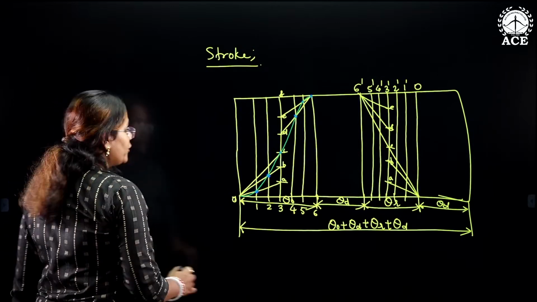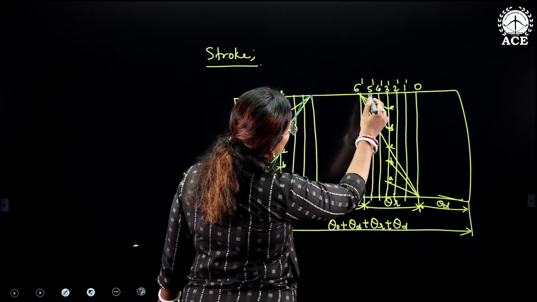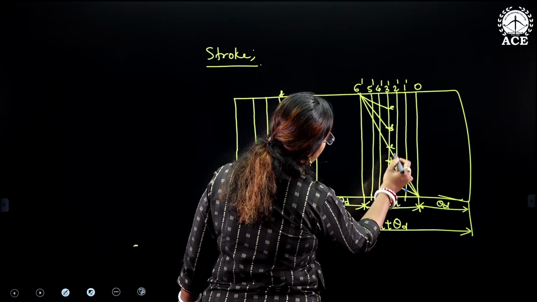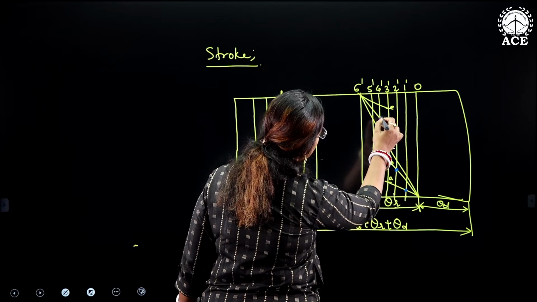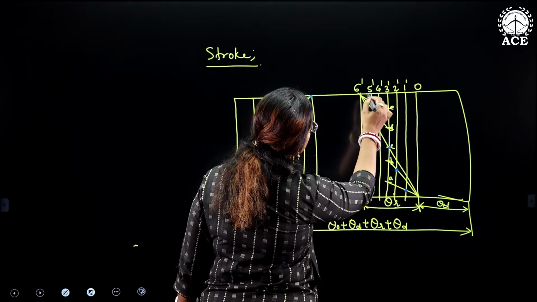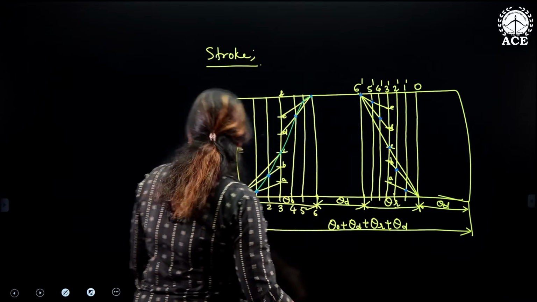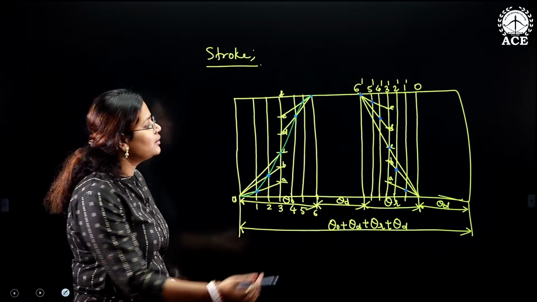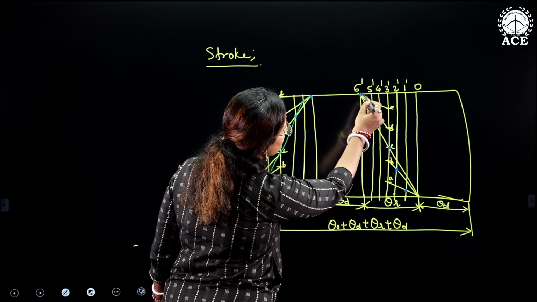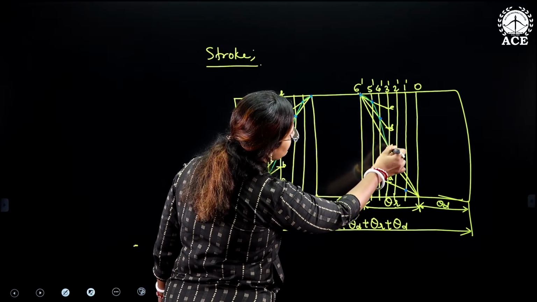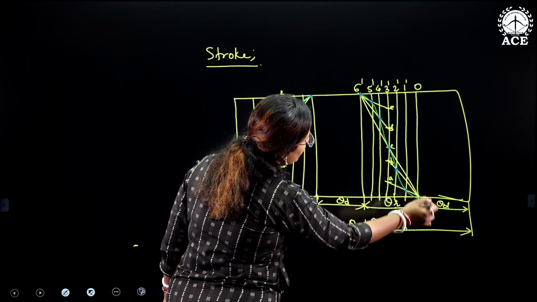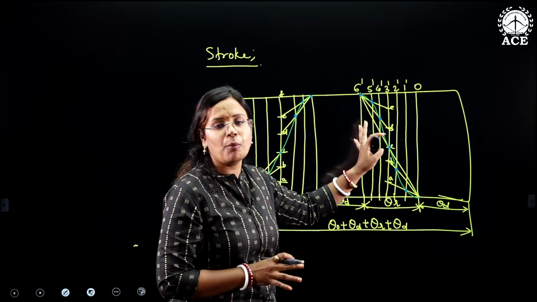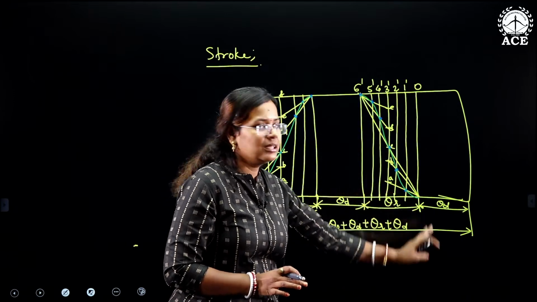You can see the point of intersection being, let us say, on the first line here, on the second line over here, third line here, fourth line is here, fifth line is here and sixth line is here. So again, while tracing the curve, if you want to trace the curve, just join those points. And you have the motion of the follower whenever it is uniform acceleration condition during the return stroke.